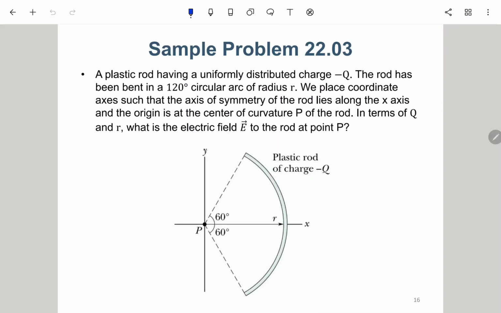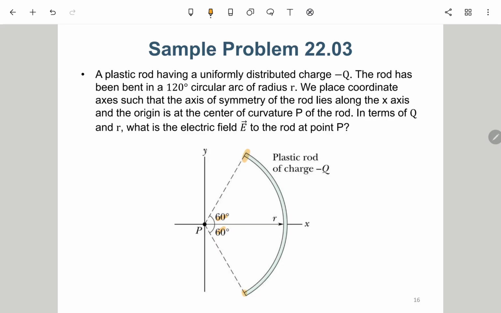So let me finish this sample problem, because it is quite similar to the case we discussed. Here it says a plastic rod having a uniformly distributed charge negative Q, negative capital Q. The rod has been bent into a 120-degree circular arc, 就是变成一个120度的圆弧.